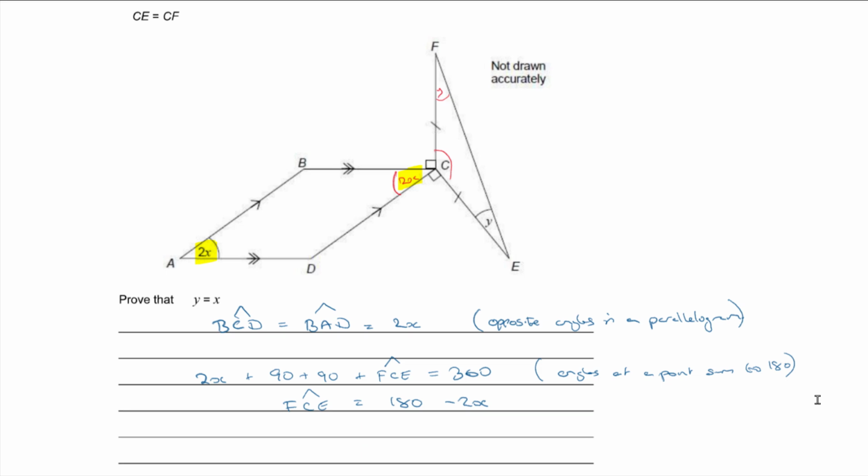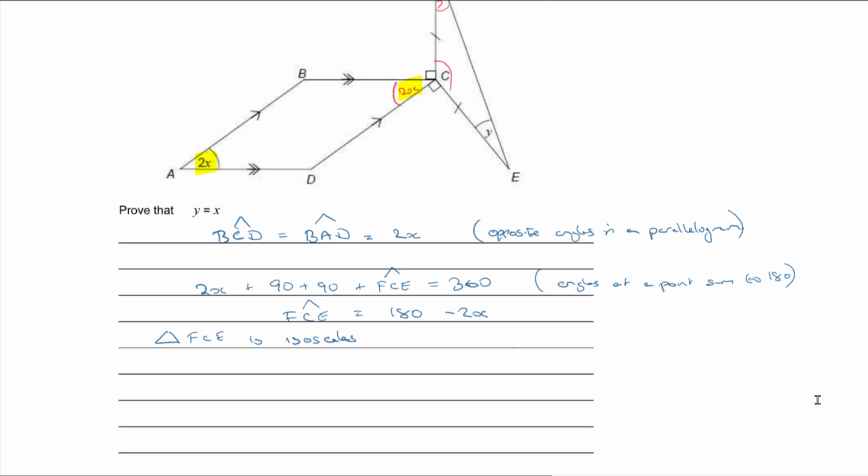Okay, and so if I take what I've got away from 180 and divide by 2, then I'll find the base angle. Okay, so I'm going to say triangle FCE is isosceles. So what does that tell me?